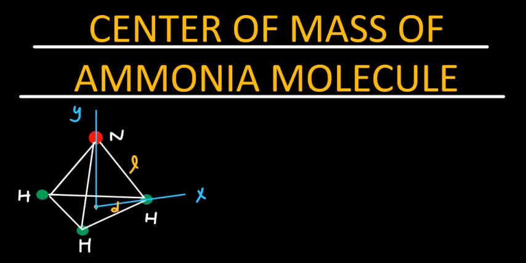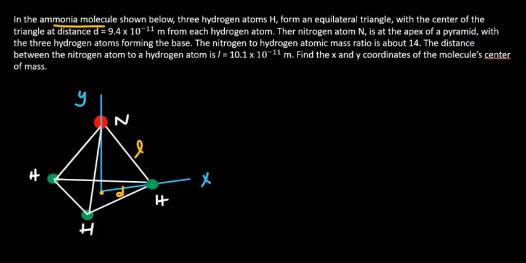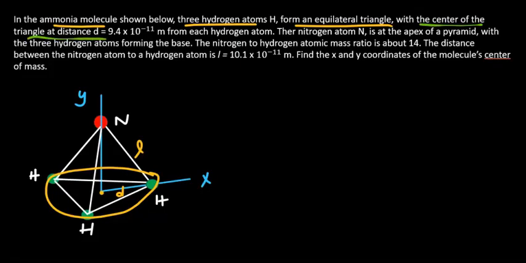In this video, we will look at how to calculate the center of mass of an ammonia molecule, such as shown here. In the ammonia molecule shown below, 3 hydrogen atoms, 1, 2, 3, form an equilateral triangle. So that is this triangle right there, with the center of the triangle at distance d, 9.4 times 10 to the power minus 11 meter from each hydrogen atom.